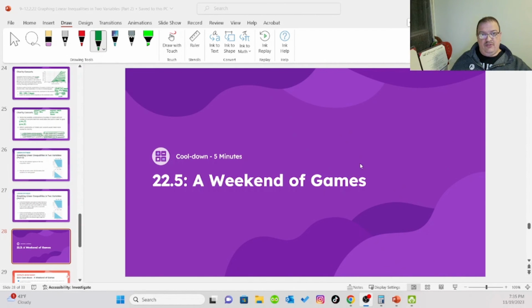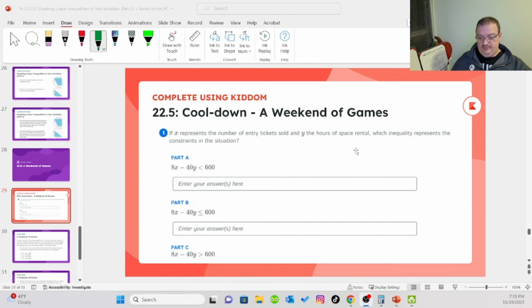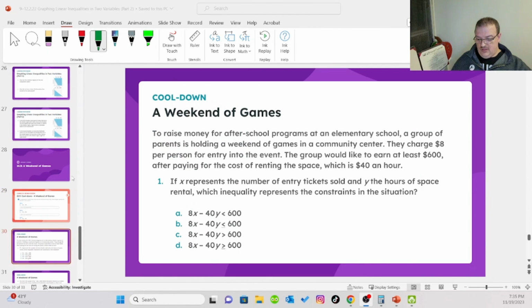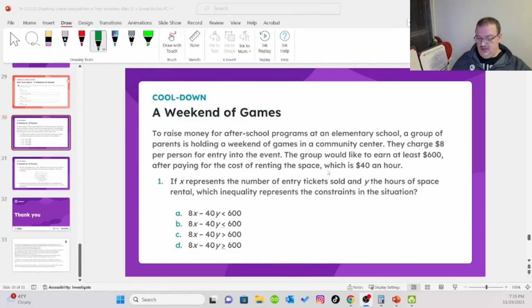Now our cooldown is 22.5, a weekend of games. To raise money for after-school programs at an elementary school, a group of parents is holding a weekend of games in a community center. They charge $8 per person for entry into the event.